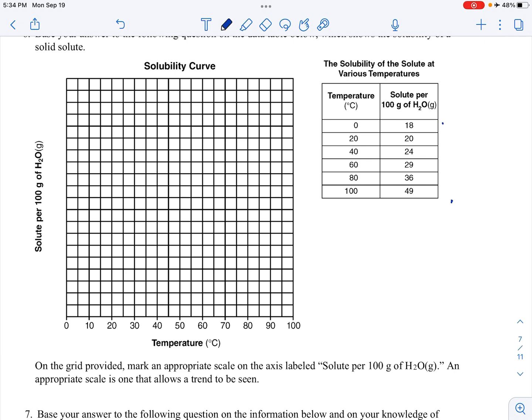Maybe we can go by twos. 2, 4, 6, 8, 10. 2, 4, 6, 8, 20. 2, 4, 6, 8, 30. That's not going to work.